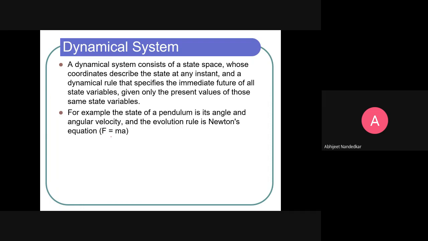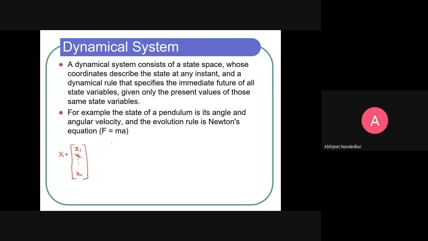What it means is, if I say x is a vector of state variables, then it consists of different variables, x1 to xn. So these are the coordinates of the state space.